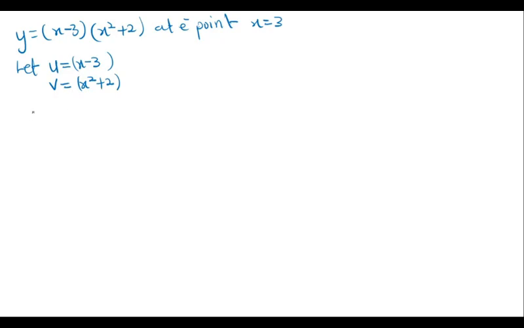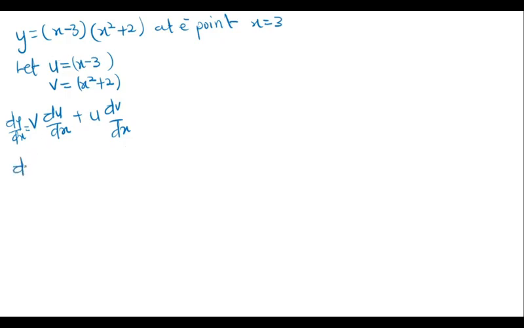The product rule gives us v du/dx plus u dv/dx. So this is f prime, which is dy/dx. First we differentiate u and multiply it with v, then we hold u, differentiate v, and multiply it. So let's go ahead and do that.